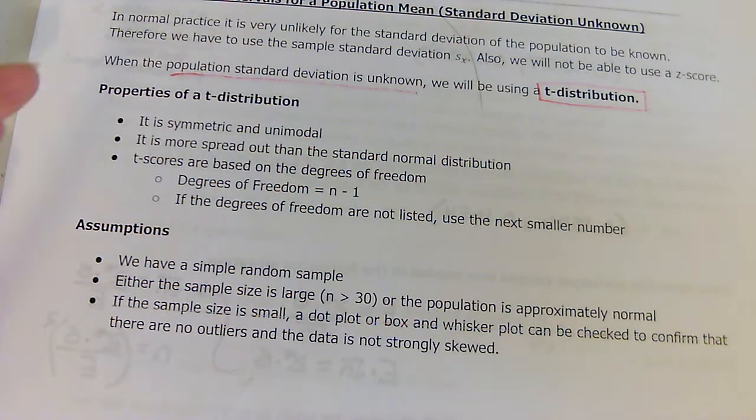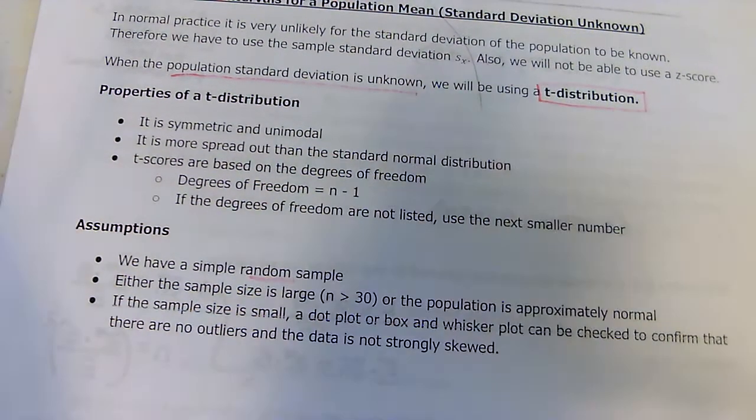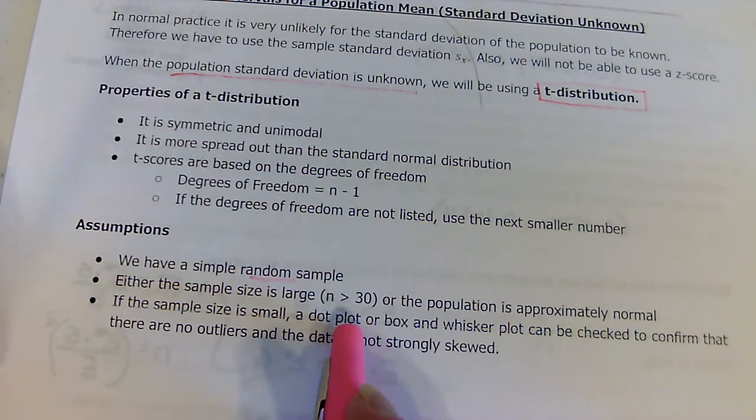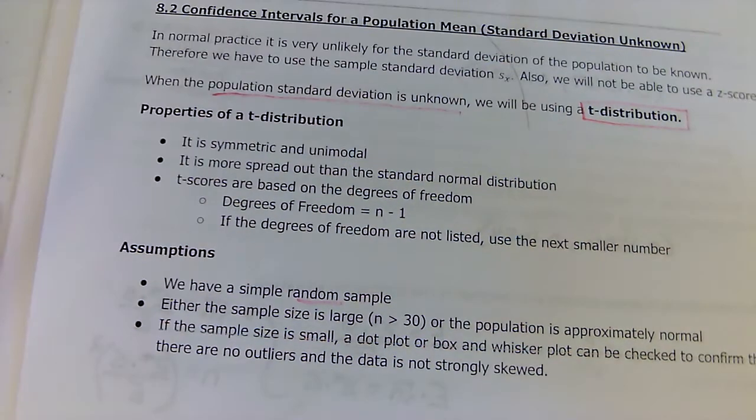Now, the assumptions we have to make: first of all, it's got to be random. Want to have a random sample, and we either have to be large enough or know that we're normal. If the sample size is too small, we can look at the graph to see if it's normal, no outliers, not too skewed, to see if it's approximately normal.